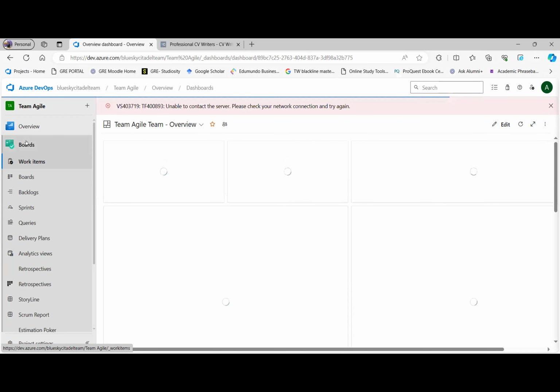Unable to connect network. What happened to my network? Refresh at the top. Oh, God. It's saying check network connection. Let me check on internet. Sorry. Okay, not to waste time. Do you want somebody else to share, your team? Let me just stop sharing. Is anybody else from your team here?